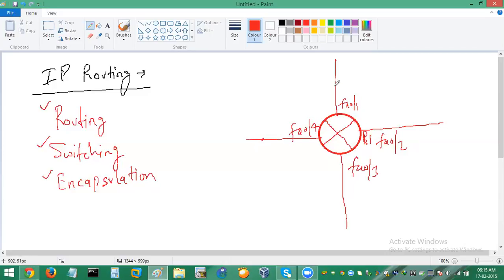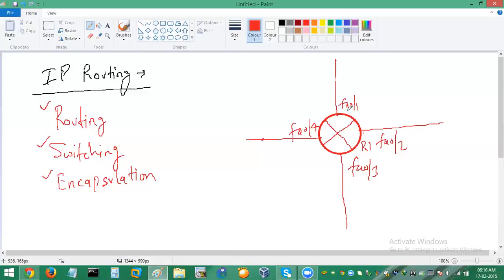Okay. Now you should know that each interface of a router should always be connected to a different network, right? You will never find 2 interfaces of a single router going to the same network. Means the interfaces that you have on a router are going to be connected to different networks in your network.